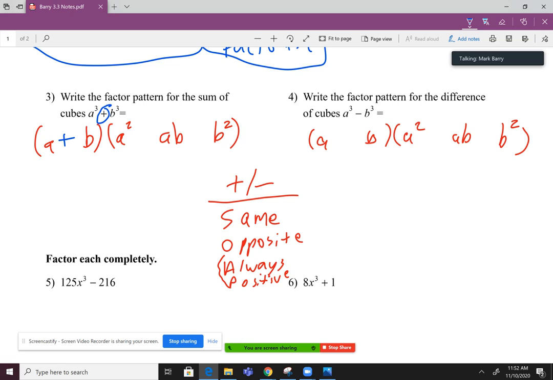So what's the opposite of plus? Minus, right? The last one is always positive. I have had some people put a negative in that last spot. There's no reason to do that. It is always positive in that last spot. Got it?